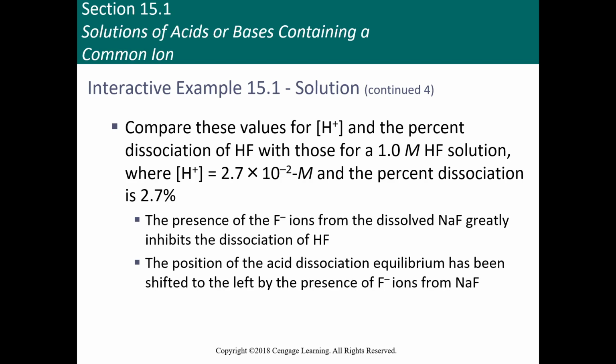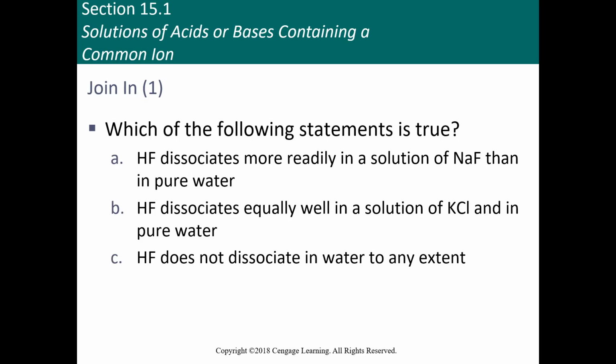And this again is because we have a common ion effect. That is the F minus ion. So that F minus ion is pushing the equilibrium towards the reactants, which is HF. That is causing the products to become less and less. And so yes, that's proving our common ion effect that we just learned previously.